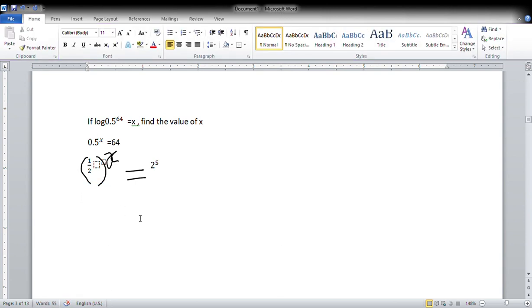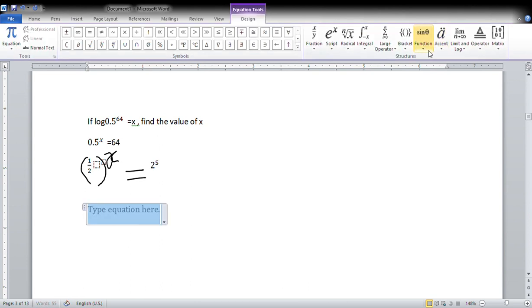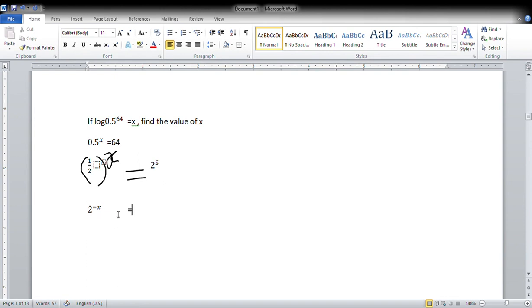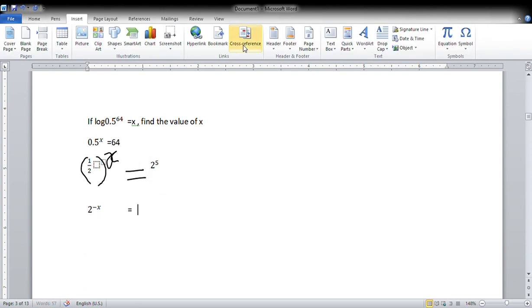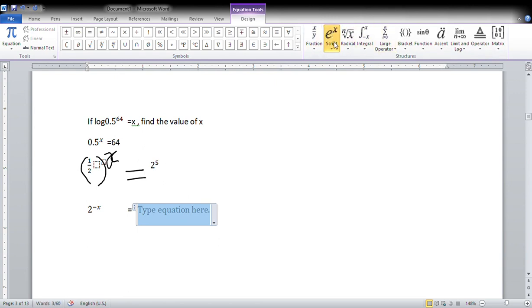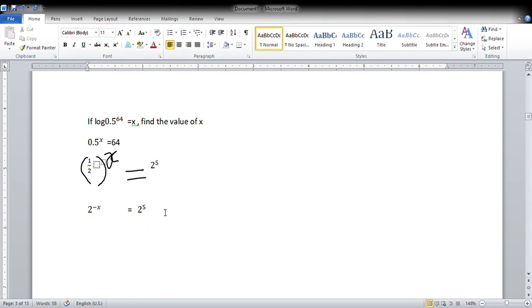Here you can write 2 to the power minus x, is equal to 2 to the power 5. That means both sides have the same base, so the powers will be the same, that means minus x is equal to 5, right?